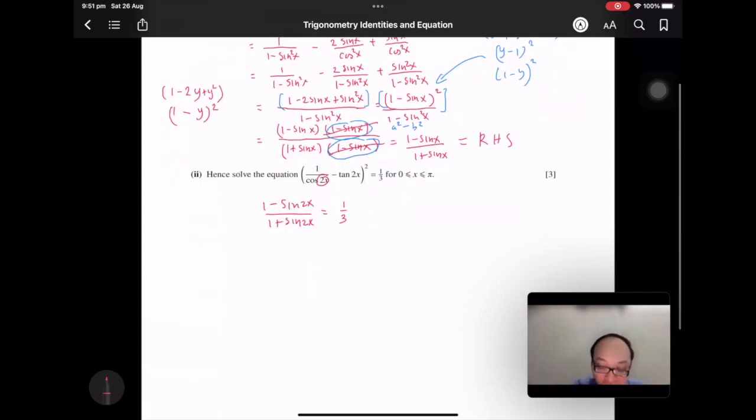So cross multiply: 3 minus 3 sine 2x equals 1 plus sine 2x. And then I can simplify into 4 sine 2x equals 2. So sine 2x equals 1 over 2.